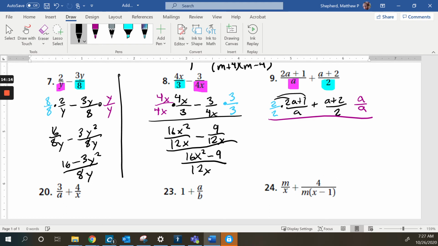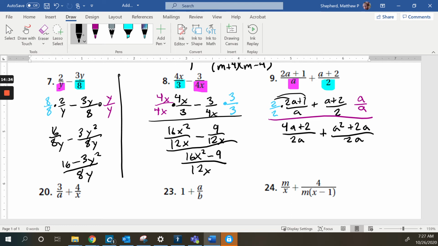Up here, also recognize that's going to need the distributive property. So 4a plus 2 all over 2a, plus a squared plus 2a all over 2a.